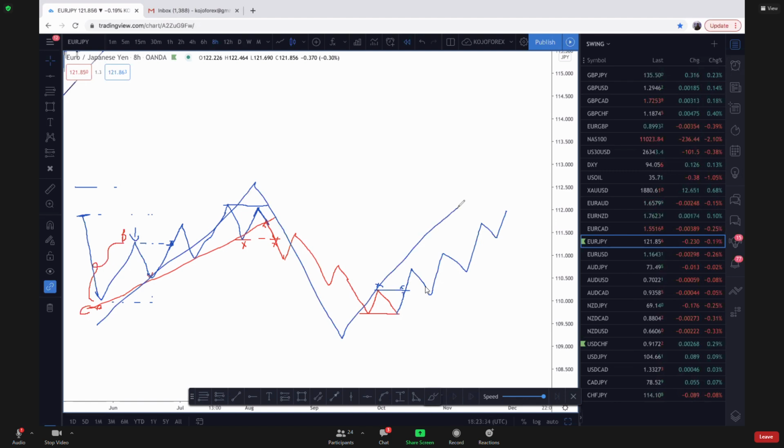Equal low, equal high, equal low, equal high, equal low, and then at some point it just veers off from the range and then continues like that, right? So you have to understand all these cycles to be able to see the bigger picture of how the market plays.